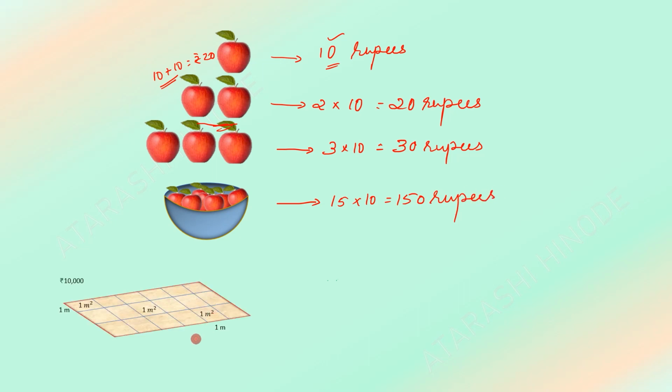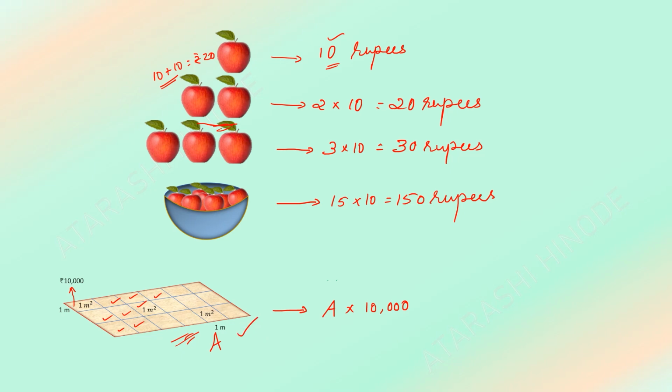In the same way, for getting the cost of this entire land, we have to multiply the total number of these 1 meter square lands with the cost for 1 meter square land. But we know the total number of these 1 meter square lands will be the same as the area of this entire land. So if we multiply area of this land with the cost for 1 meter square land, we will get the cost for this entire land.